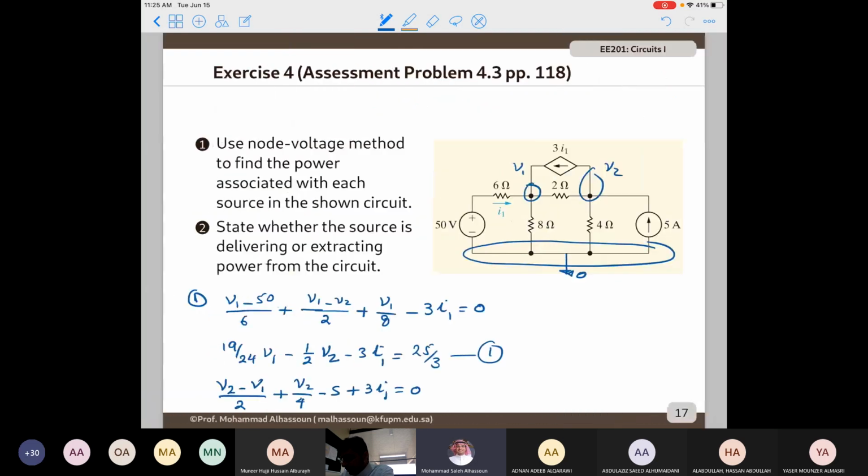The last equation that I need to add is the equation that relates I1 to the node voltages. And Ziad.